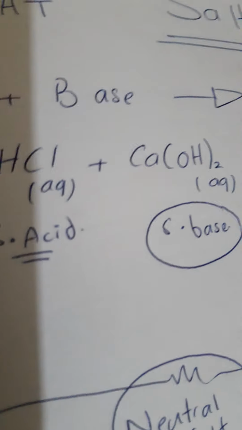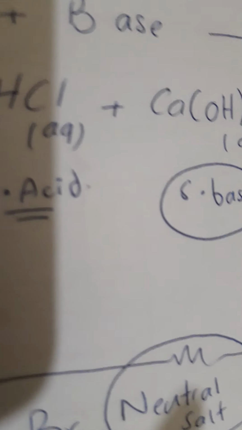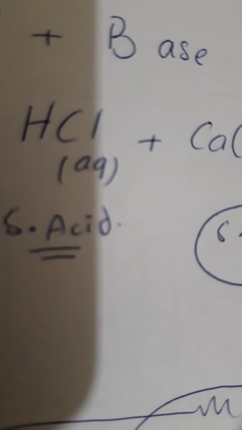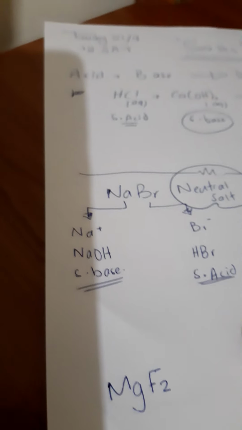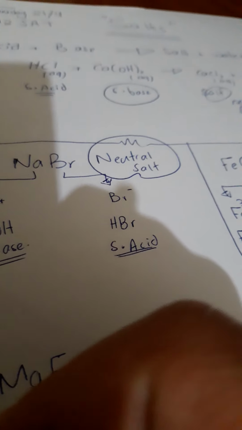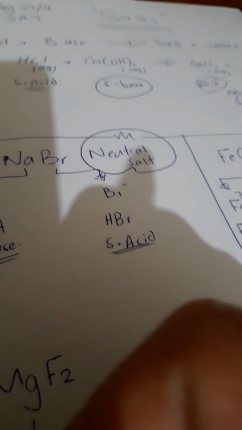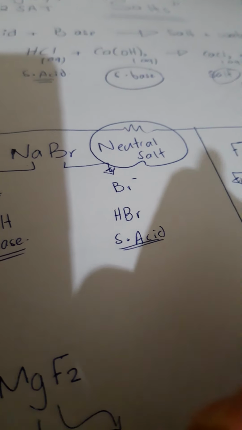كيف أستاذ؟ خلينا ناخد example. Let's say we have this salt, MgF2, magnesium fluoride. Break the salt down into ions. حيكون Mg2 plus وحيكون معانا F minus.